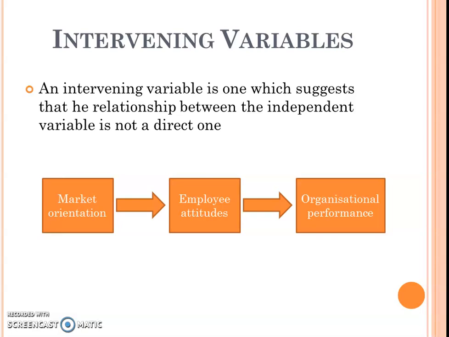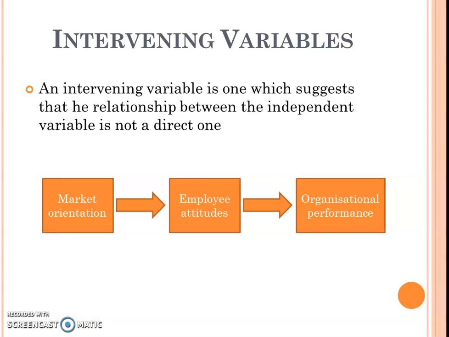An intervening variable is one which suggests that the relationship between the independent variable and the dependent variable is not a direct one. We can see this with the graph: market orientation, employee attitude, and organizational performance. Market orientation means the exposure of the business in the market, and the company's performance is denoted by organizational performance.